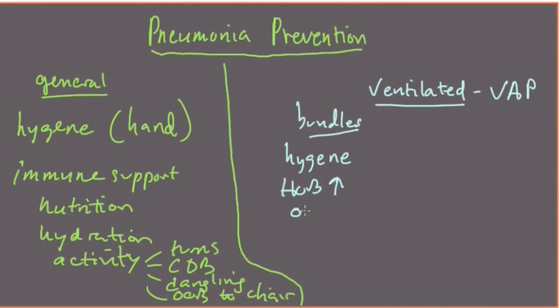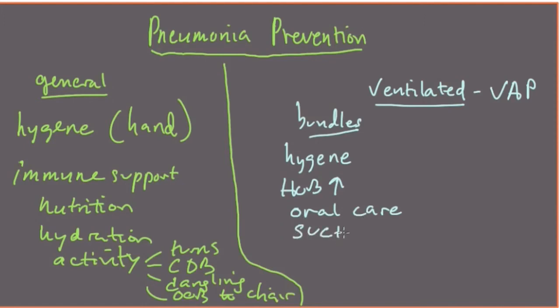Along the same lines, oral care, which might go with hygiene as well, helps decrease the microbial burden in the oropharynx of the patient, decreasing the number of microbes that could follow that tube down into the lungs.